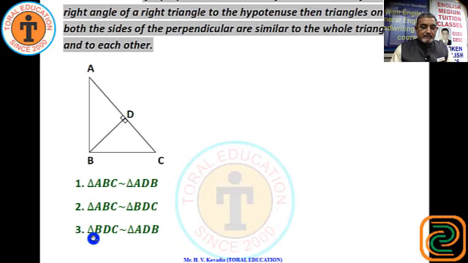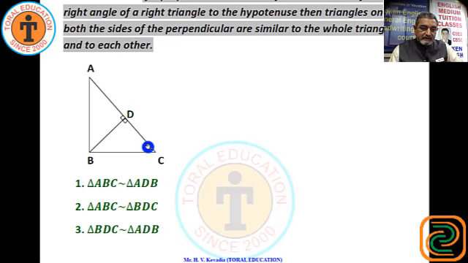Now triangle BDC and ADB. Here, angle D is common in both and we can say this is a right angle, right? Angle A equals angle B in this triangle.